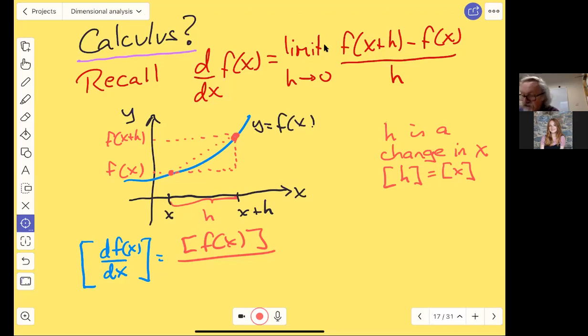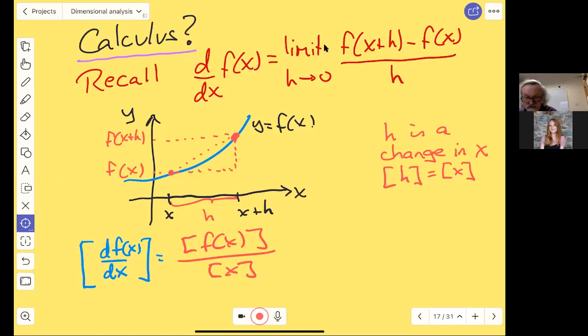So the moral of the story is the dimensions of the derivative are the dimensions of the function you're going to differentiate, and then you divide once by a power of the variable that you're differentiating with respect to.